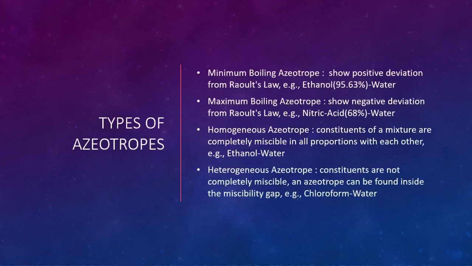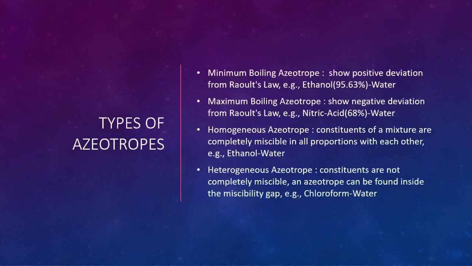Now you see, when I mentioned the example of minimum boiling azeotropes, I have mentioned an ethanol water mixture, but I have also mentioned the concentration of ethanol. What I want to hint at is that when we are talking about azeotropes, it's very important that we know the composition at which they become azeotropes.